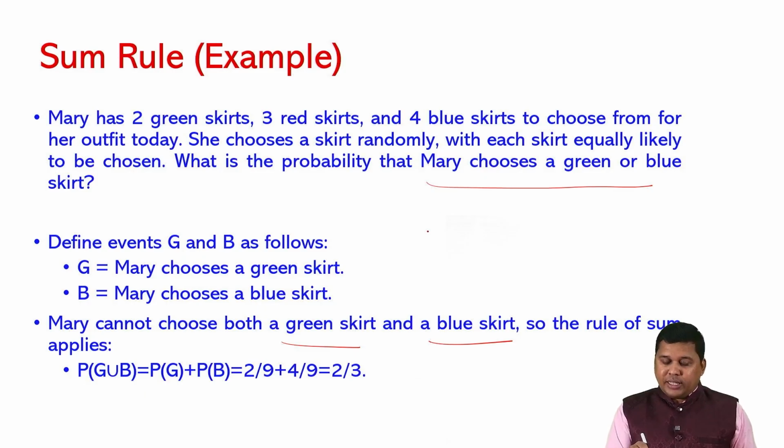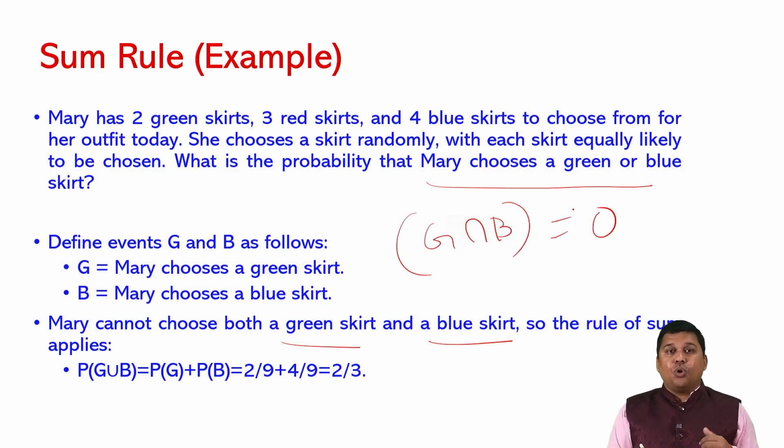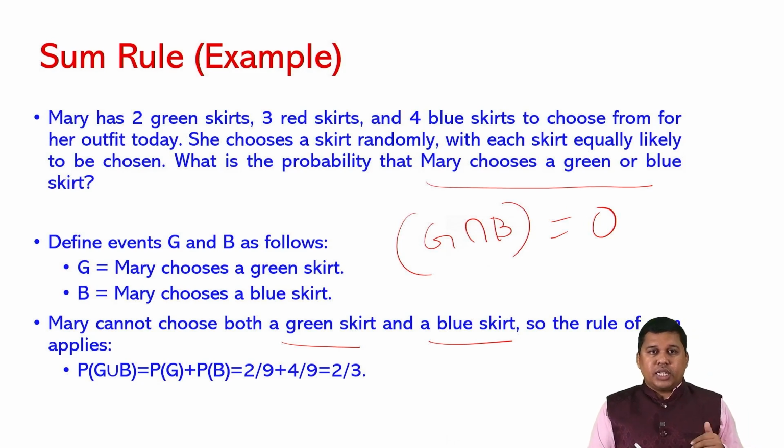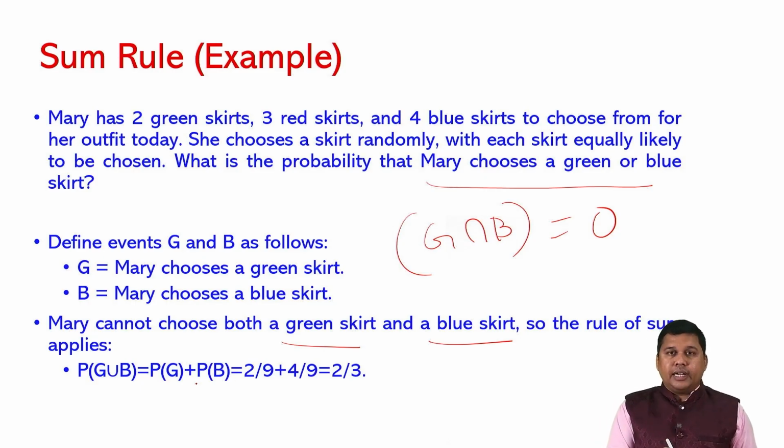Why is there no G intersection B? Why is this 0? Because both cannot happen at a time. If I choose one randomly, it cannot be green and blue both. It could be either green or blue. Therefore, for mutually exclusive events, we have P of G plus P of B.